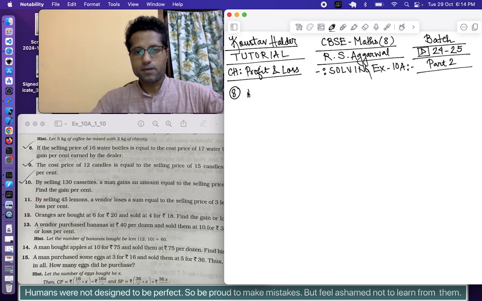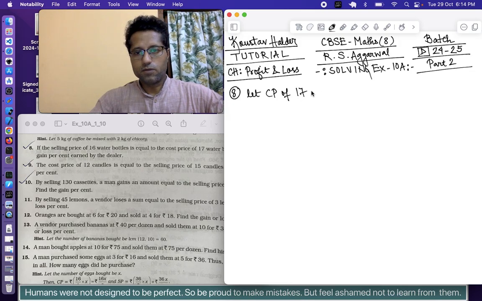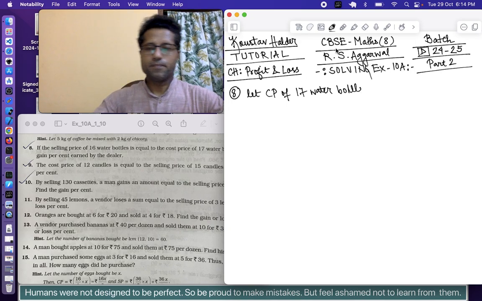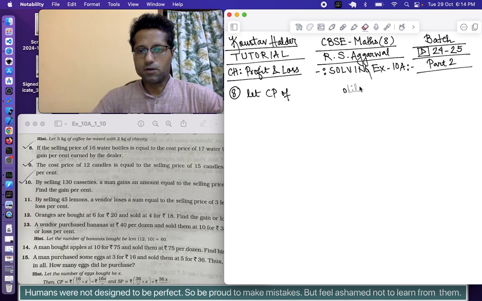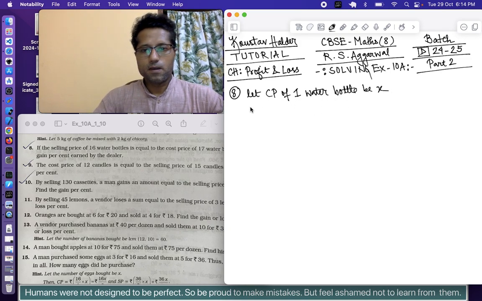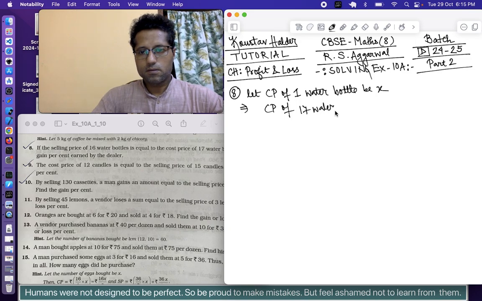Let the CP of one water bottle be x. So this implies the CP of 17 water bottles is equal to 17x.